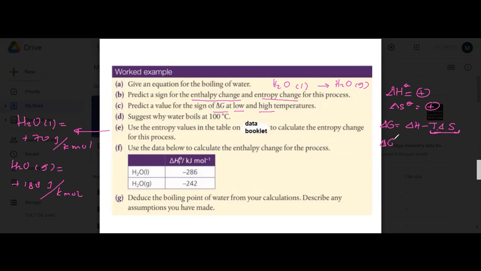So with the positive sign of delta H and a small negative value of T delta S, the delta G will be positive. This occurs at low temperature.